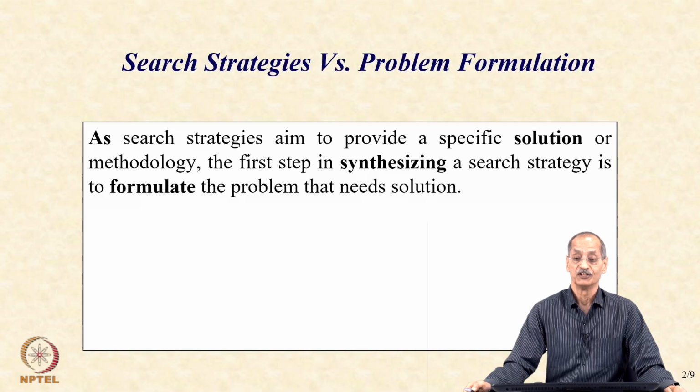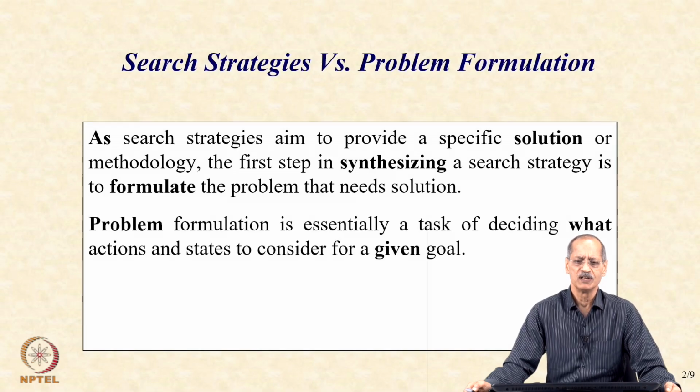How to conduct a search itself now becomes a problem that needs to be first solved before the search can begin, which means we now need to create a search strategy, and to do that we first formulate the problem that needs a solution. Depending upon the way we have put the problem statement, we will need to create a strategy and then we will apply the strategy to get the solution. So, these are the three important steps in ultimately coming up with the solution or a method of solution.